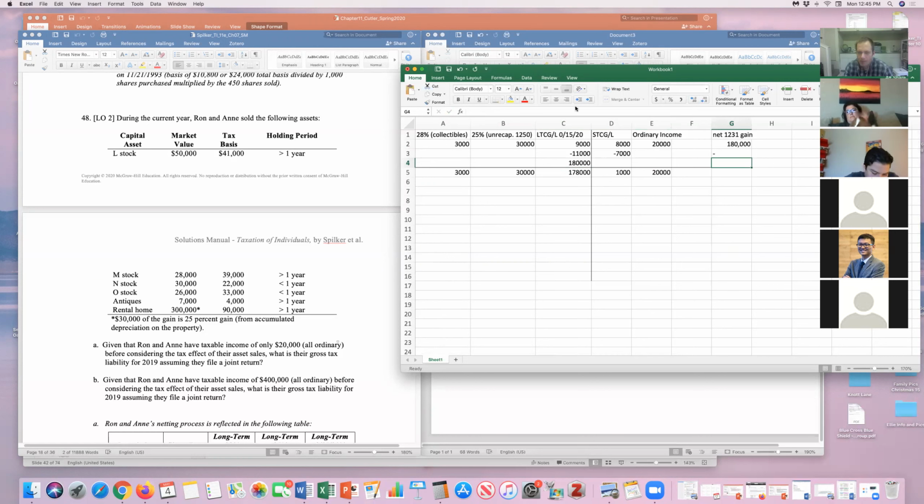And in this one, they didn't have any losses to net, so we don't have to do any of the moving back and forth. We could do a couple examples like that after this one. What's hard about this problem is knowing what tax rate to apply to each category.